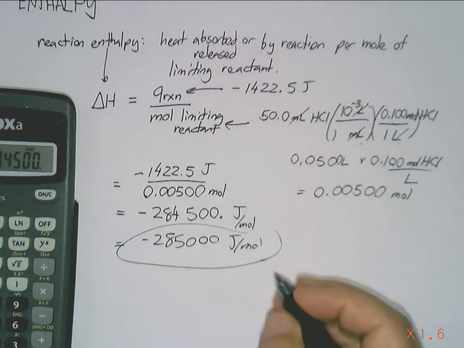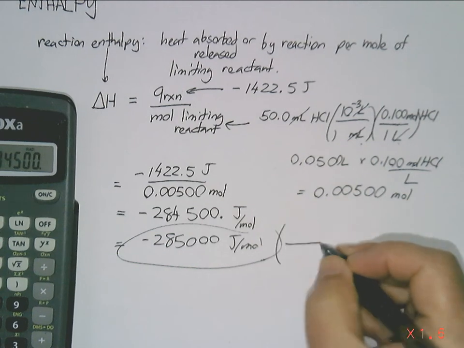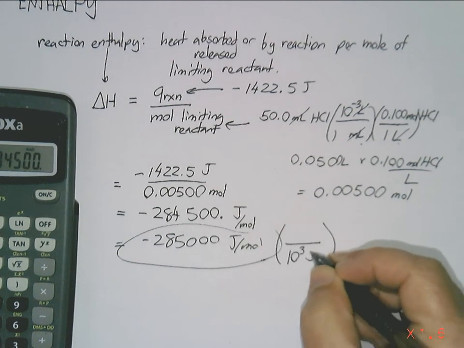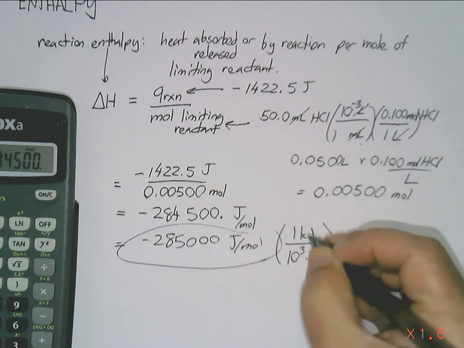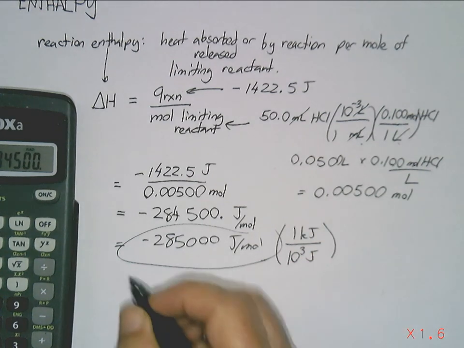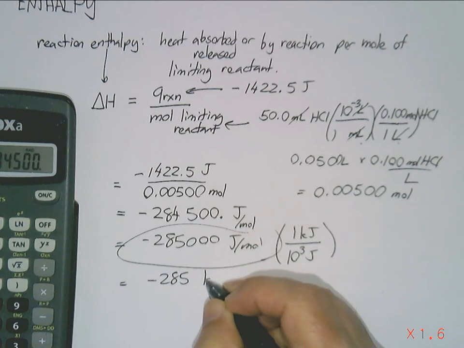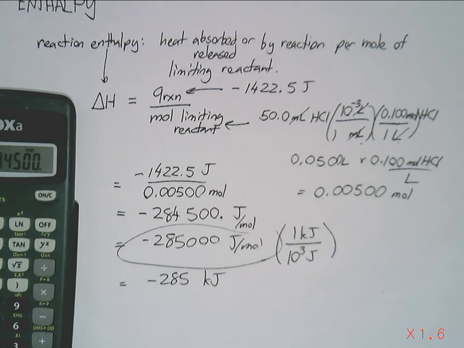They'll do it in terms of kilojoules per mole. There are 10 to the 3 joules in 1 kilojoule. So if you divide that by 1,000, you get this. Now, very often in your problems on your worksheet, they're going to ask you for a delta H, and they're going to want it in kilojoules rather than joules.